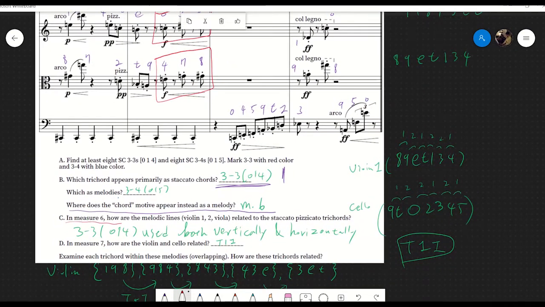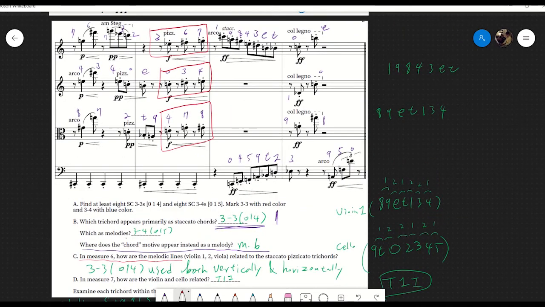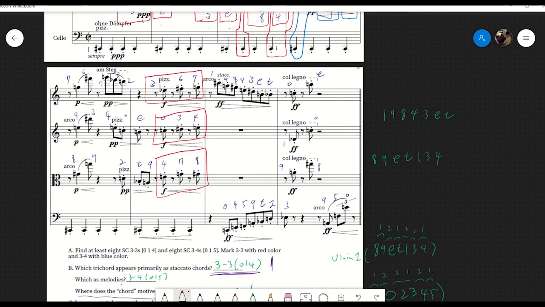In measure 6, how are the melodic lines related to the staccato pizzicato chords? If you look at this, we have 0-3-4. Looking at it this way, there's also 0-3-4, right? And we have 3-6-7, and looking at it this way you also have 3-6-7.